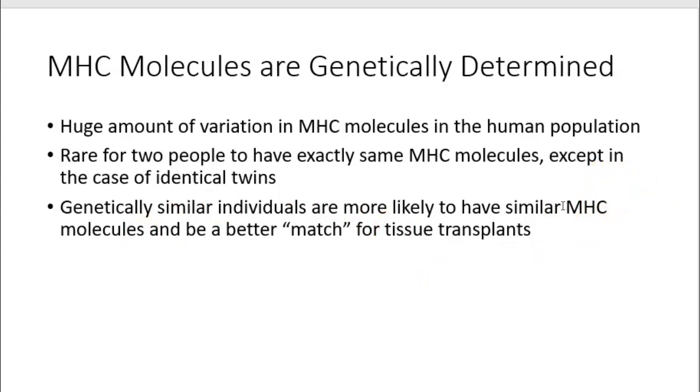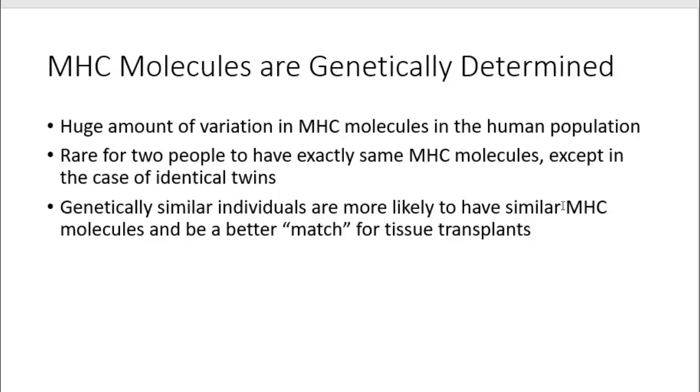I bring this up because, in the normal process of immune surveillance of the body, the lymphocytes, particularly the T lymphocytes, will go around the body and check MHC molecules to see if they belong in the body or not.